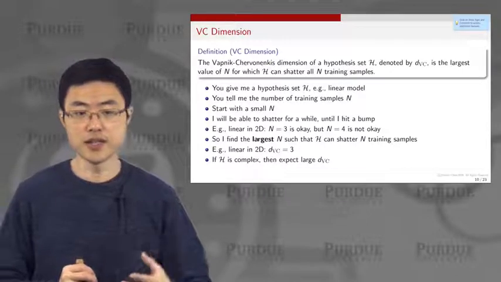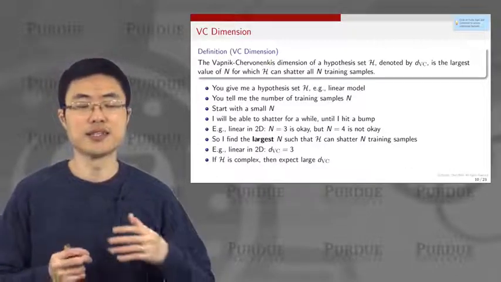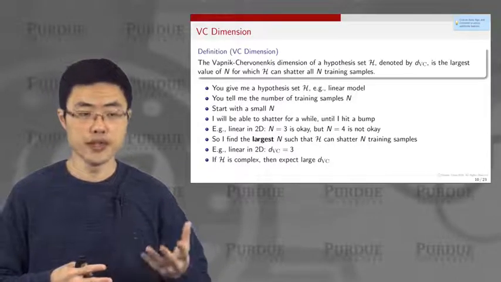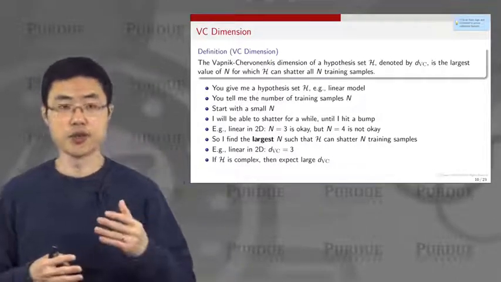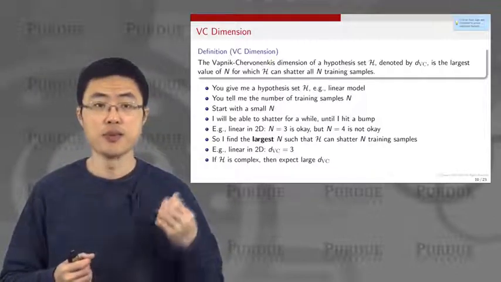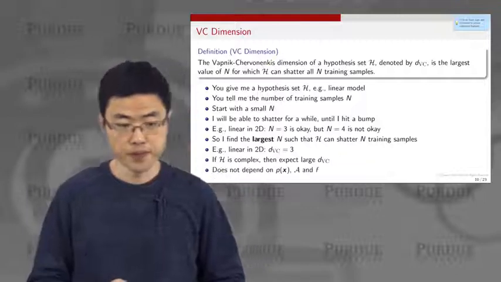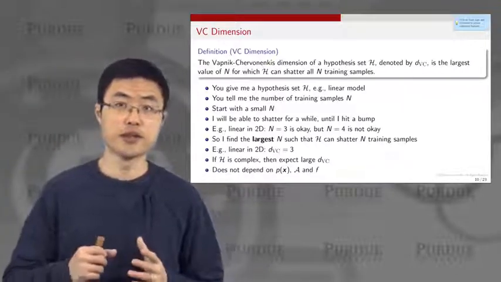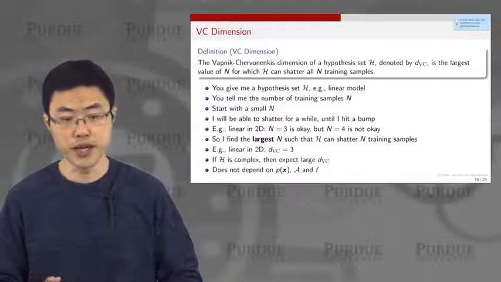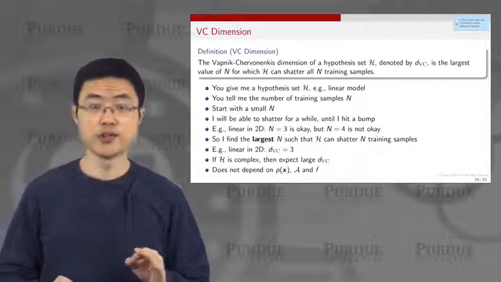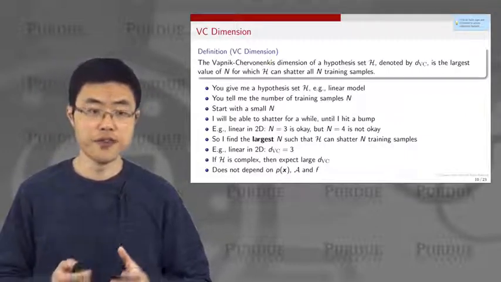If your VC dimension is high, then this model is expressive enough, or in other words, complex enough. So the VC dimension gives us a way to measure model complexity. The good thing about the VC dimension is that it does not depend on the particular distribution of the training sample X, it does not depend on your learning algorithm A, and it also does not depend on your target function F.